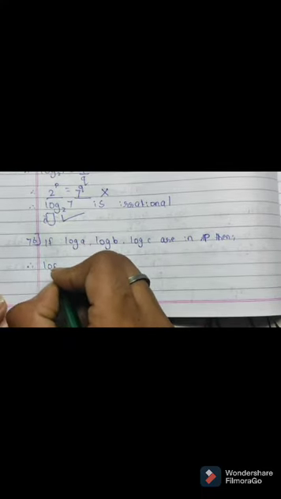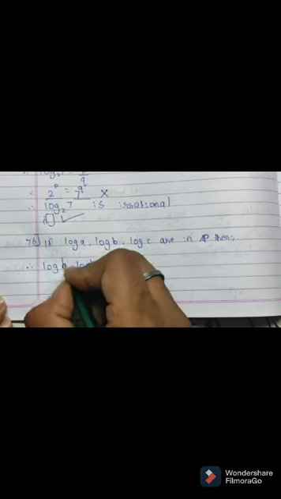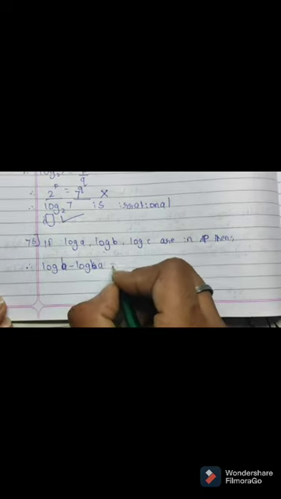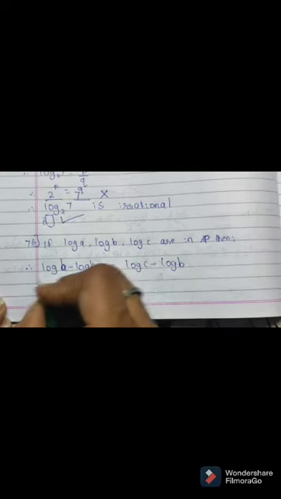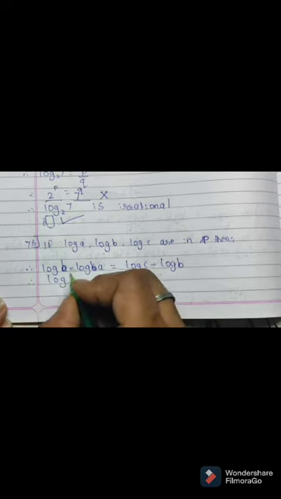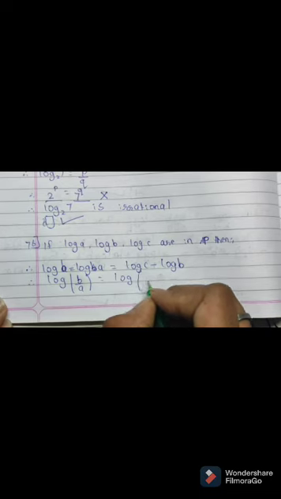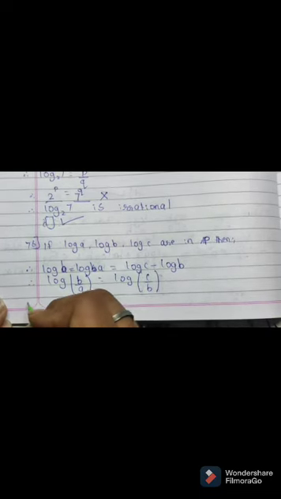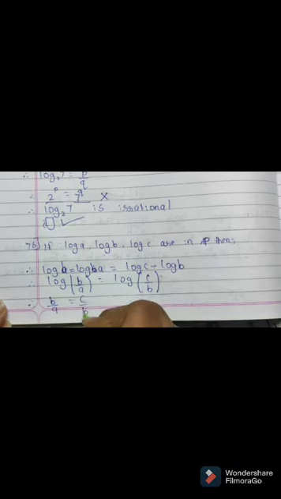Therefore log B minus log A will be equal to log C minus log B. Therefore, here we have a minus sign, so we can divide: log B by A equals log C by B. Therefore we can say that B by A equals C by B.